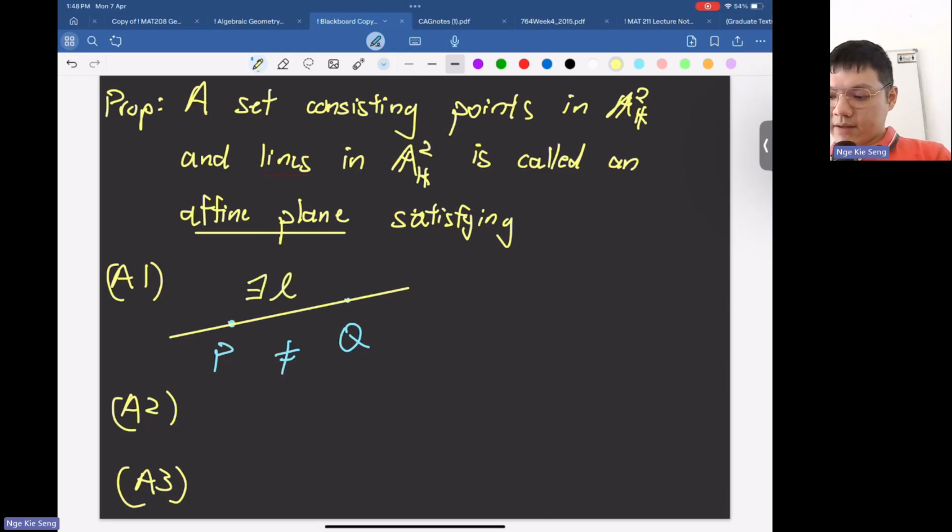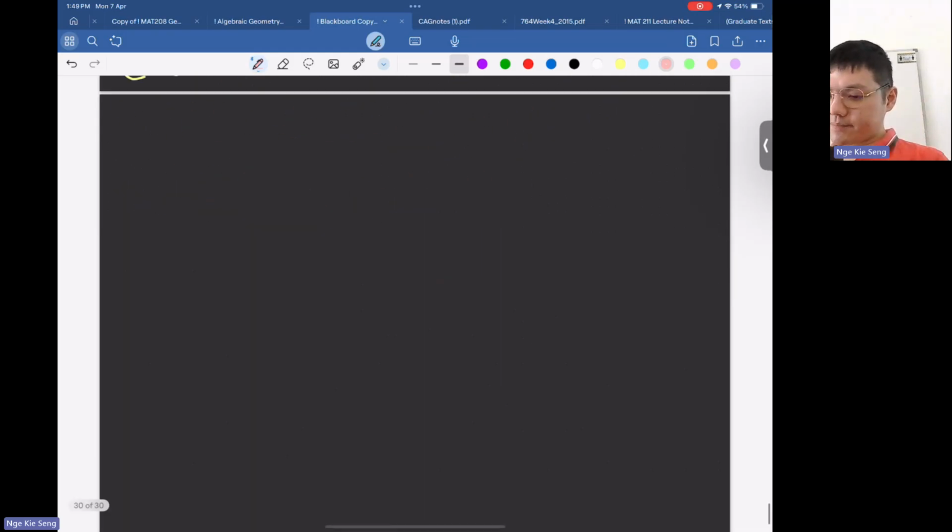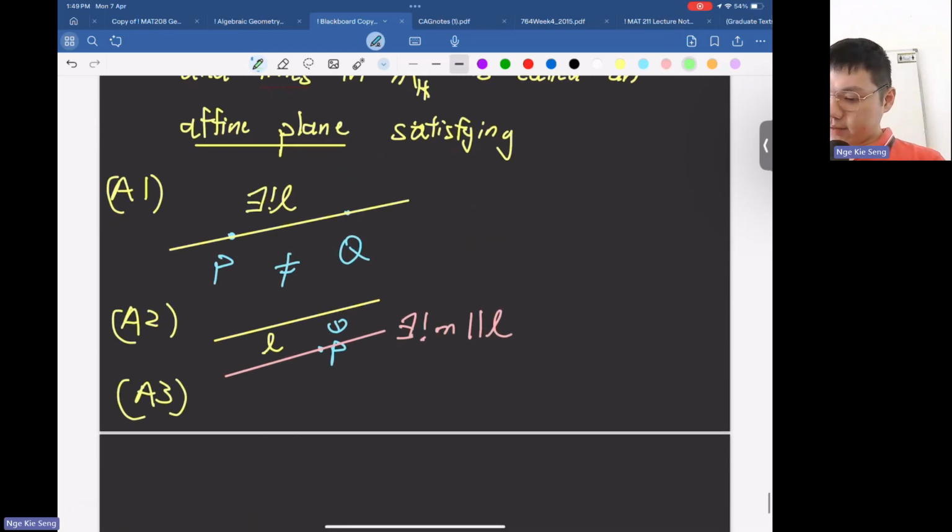So there exists a unique line. The other one is if you take a line, call this line L, with a point P not inside this line, then there exists another line, call it M, such that M is parallel to L and contains P. And the last one is there exist three non-collinear points.